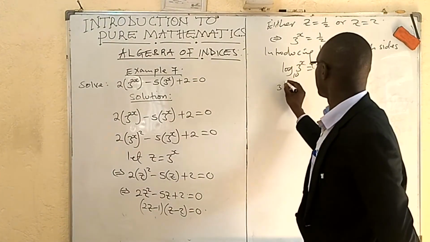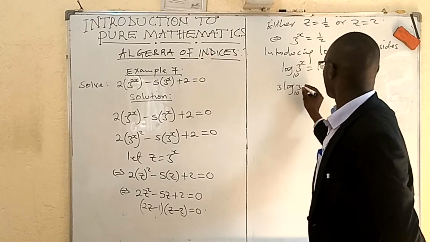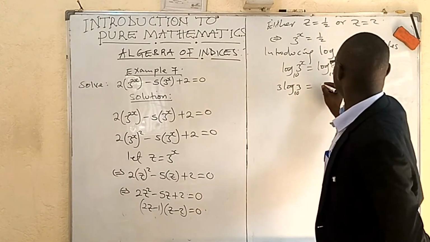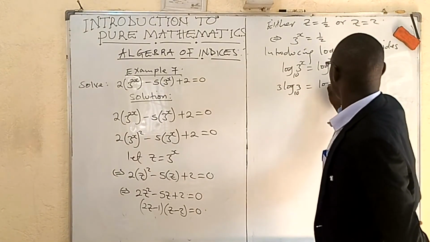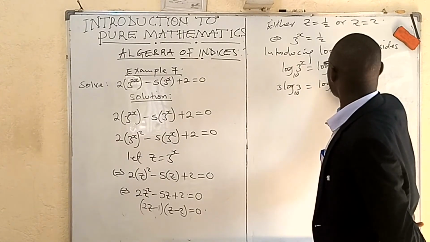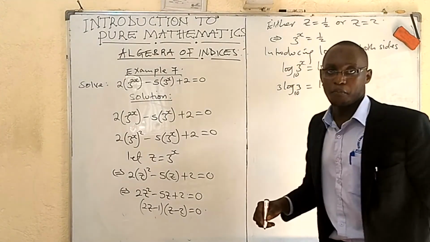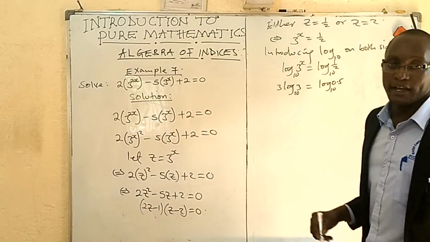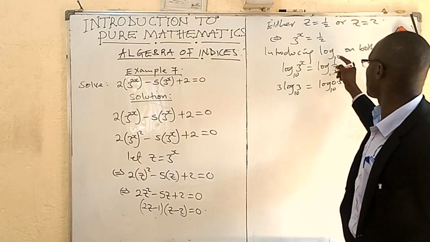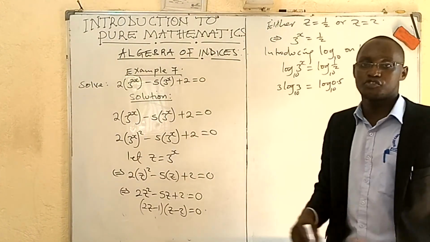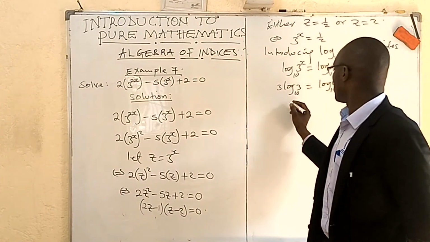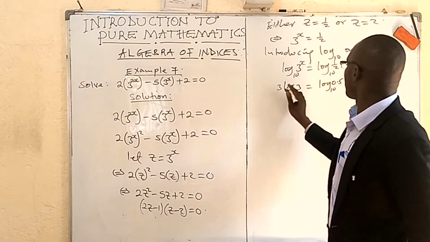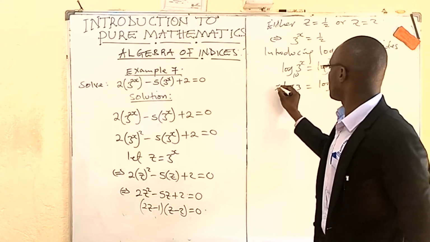So this will be x log base 10 of 3 equivalent to log base 10 of 0.5, because a half is 0.5, which will give you a negative, because this will be log base 10 of 1 minus log base 10 of 2. It is x which came this side, not 3.